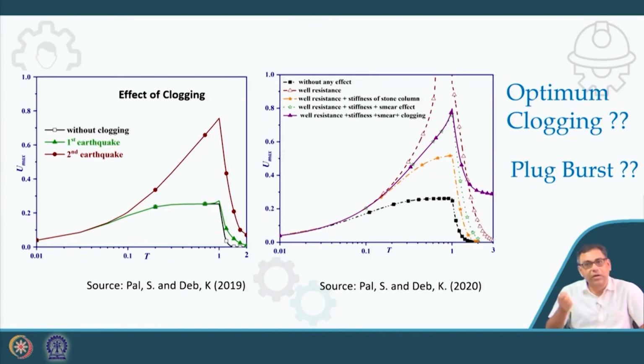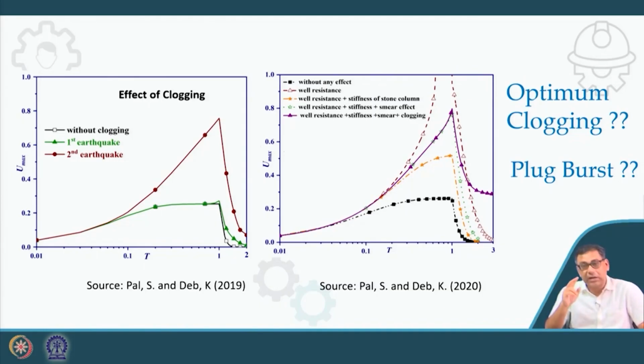But if I consider the clogging effect, it has been observed that the clogging effect is not that significant during the earthquake. But after the earthquake, when there is only dissipation of water pressure, the clogging effect will show a significant influence, because sufficient time has to be given for the fine soil particles to flow with the water and block the pores of the columns.